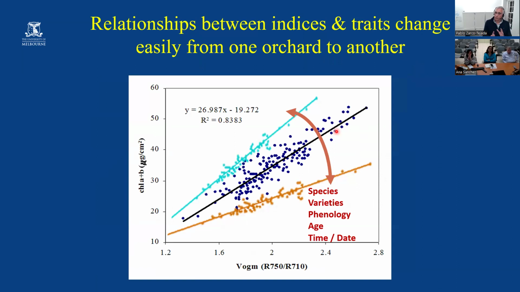Those relationships, which are empirical relationships between indices and traits that we use to understand the dynamics of pathogen-induced stress, will vary depending on the species, the varieties, the phenology, the age, the time, and the date.